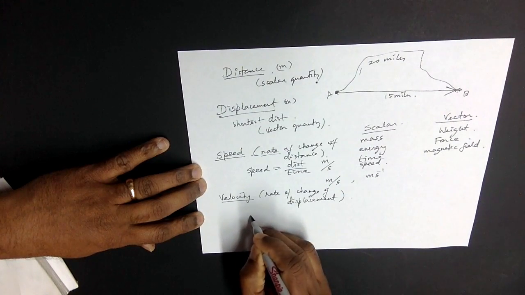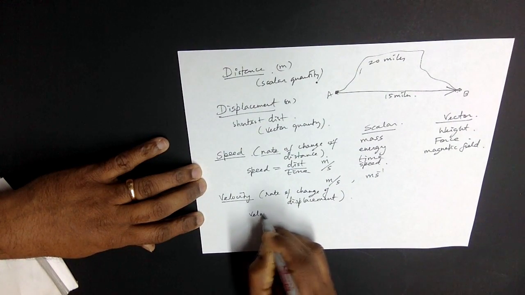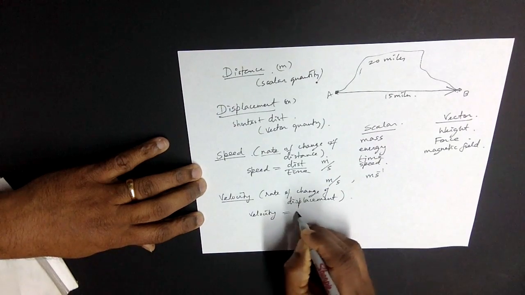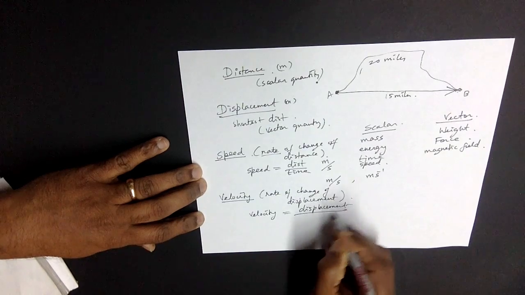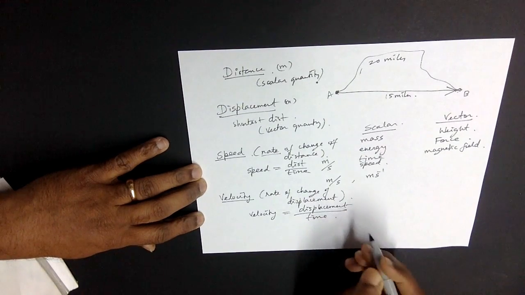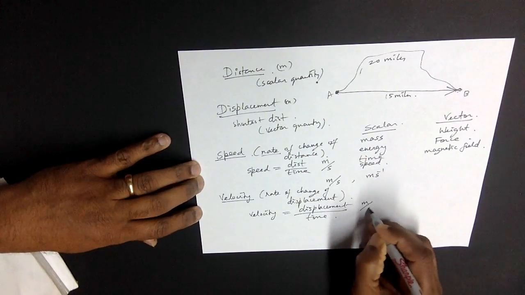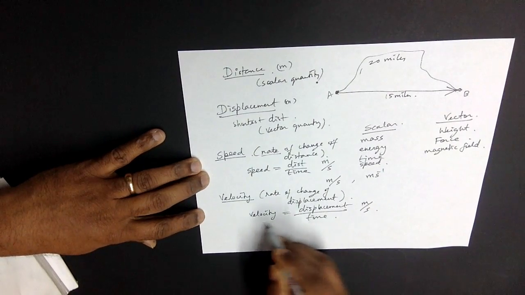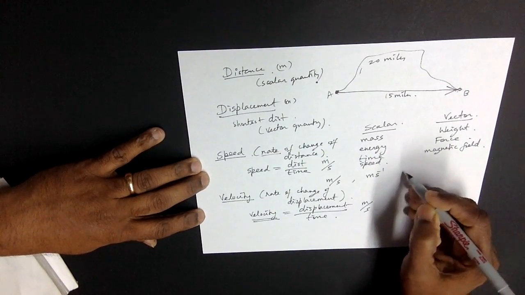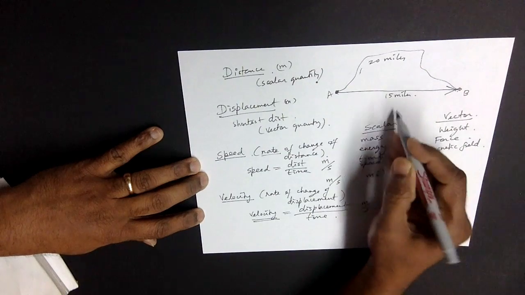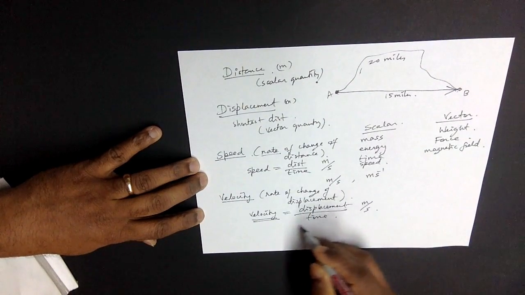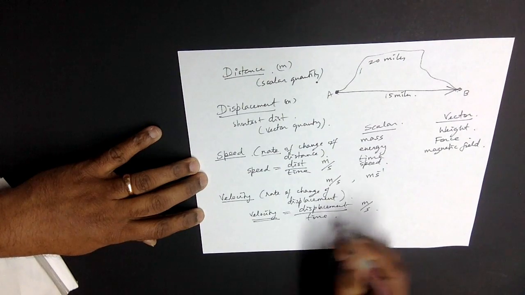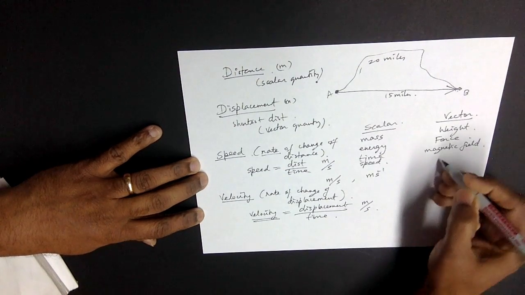And so velocity is displacement over time. And that's also measured in meters per second. But this has a sense of direction because it is in a certain direction. So in this case, I'll say 15 miles per hour. So velocity is displacement over time and is measured in meters per second.